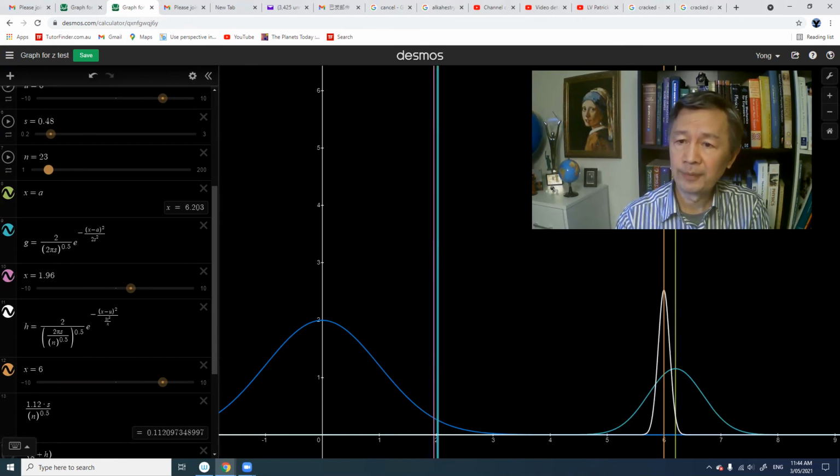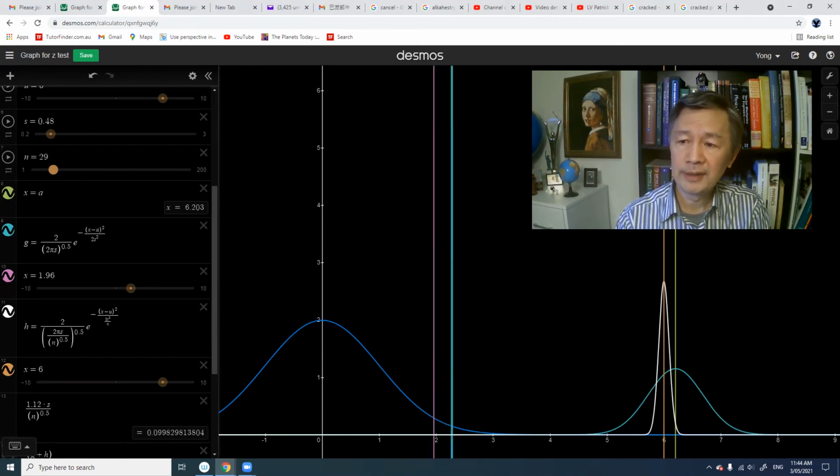In this case, we must reject the null hypothesis. In other words, if n is big, then we can easily reject the null hypothesis and acknowledge that the sample mean is larger than the population mean.